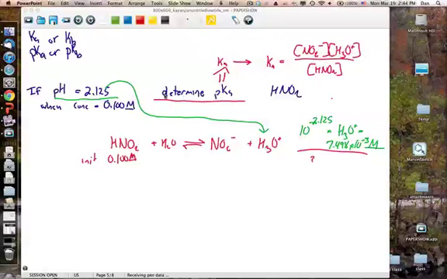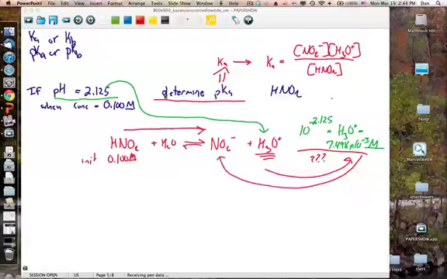Where did that come from? That came from the forward reaction of HNO2 plus water going to NO2 minus. All of that H3O plus came from the decomposition of this. That means the implied bit of information is that this is also the amount of NO2 minus.